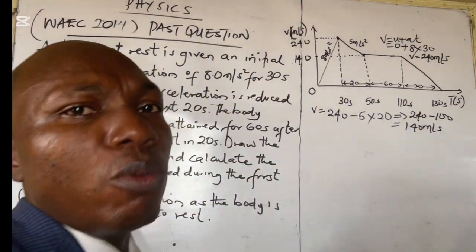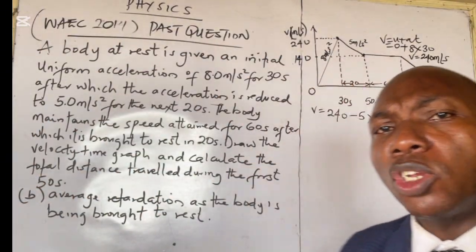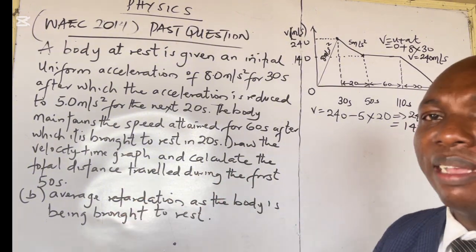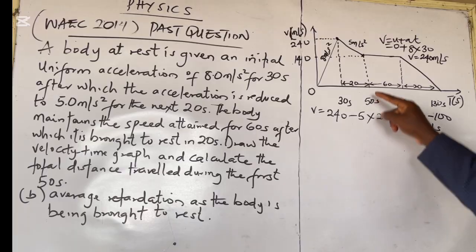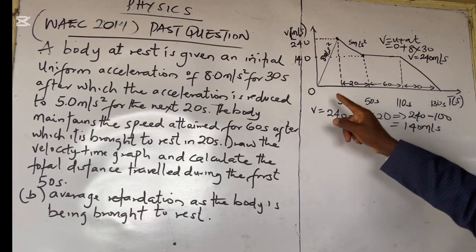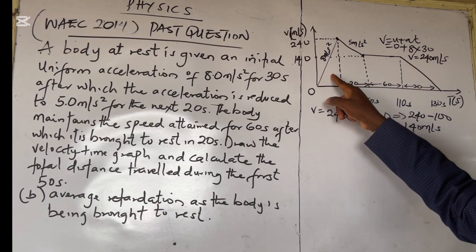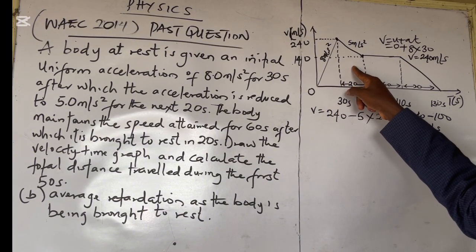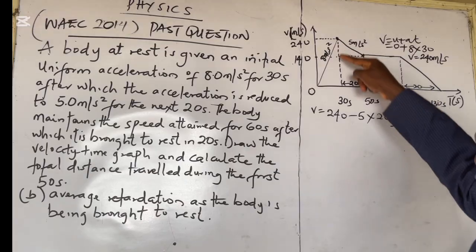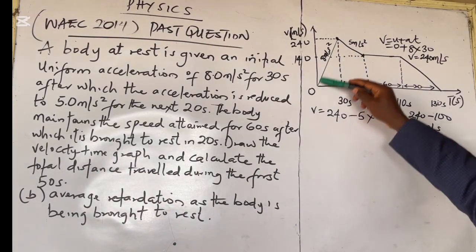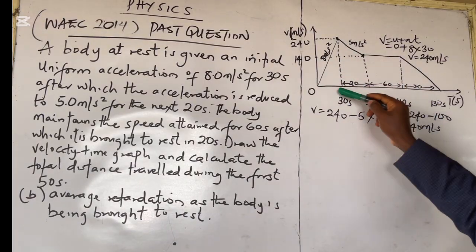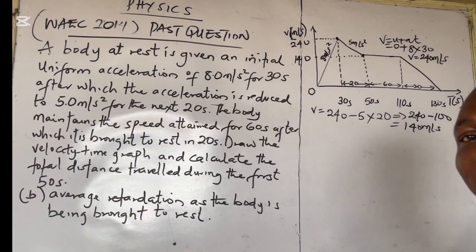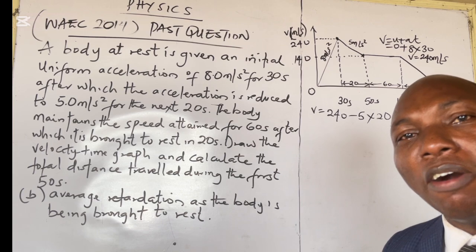Now that we have all the information needed, the question says calculate the total distance traveled during the first 50 seconds. So this is the first 50 seconds here. We need the distance here, which is a triangle, and the distance here, which is a trapezium, because the distance on a velocity time graph is the area under the graph.